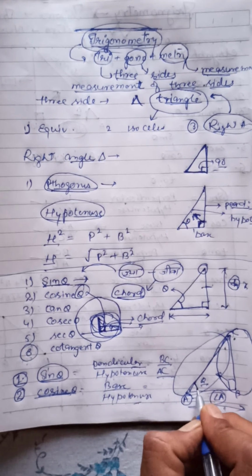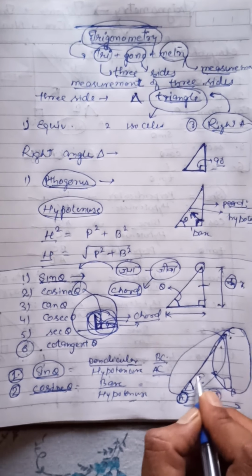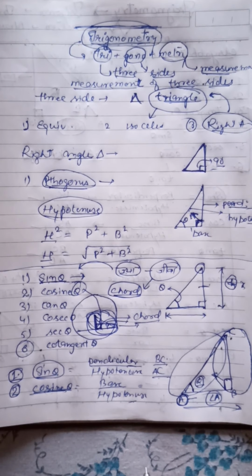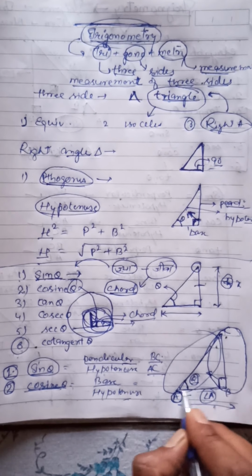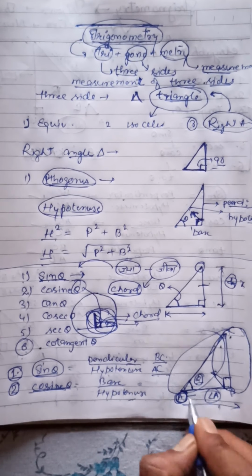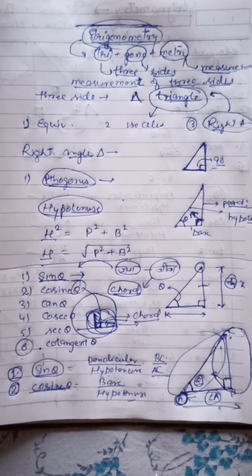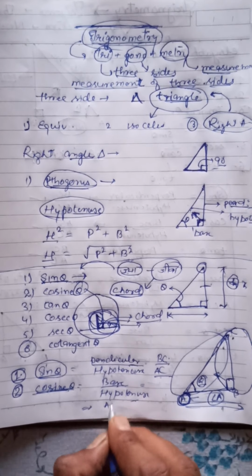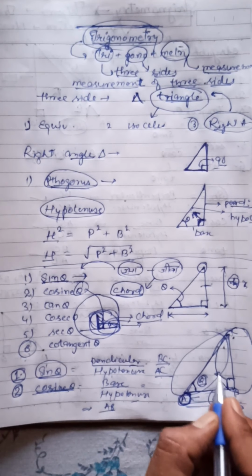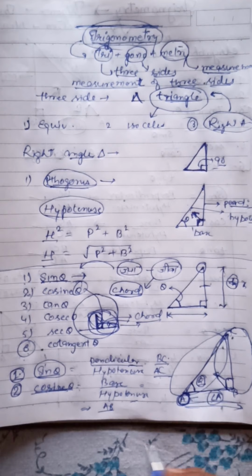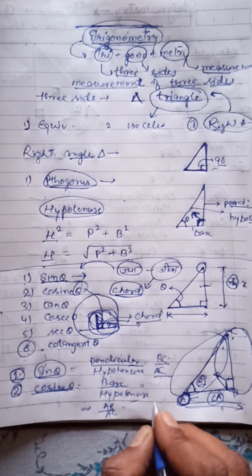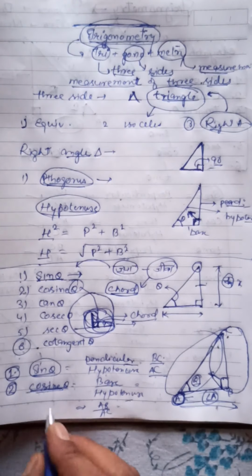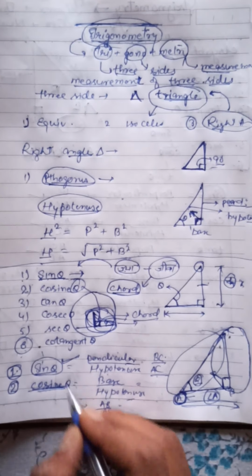The side that has the angle A or angle theta, as well as the right angle on it, is called the base. That is AB. And the hypotenuse is the opposite side of the right angle, meaning AC. So AB upon AC is cosine theta. I hope you have cleared this, right?